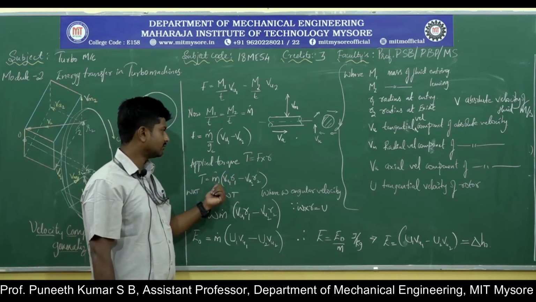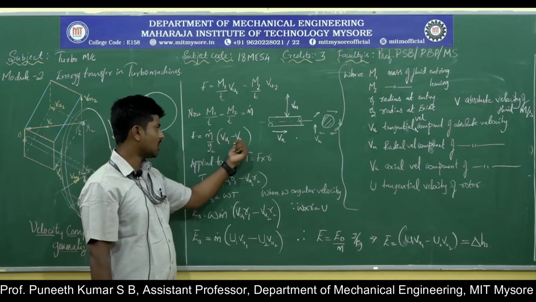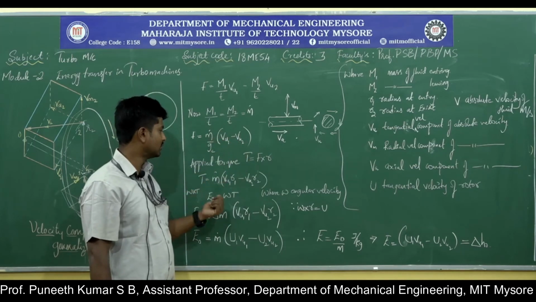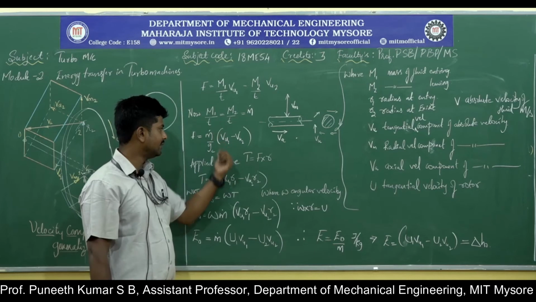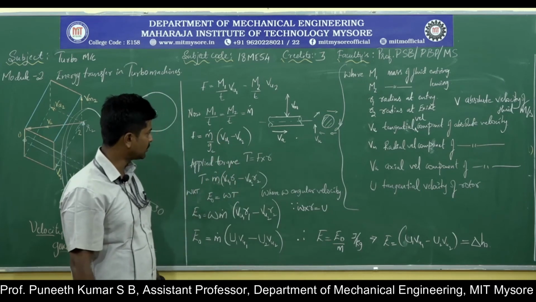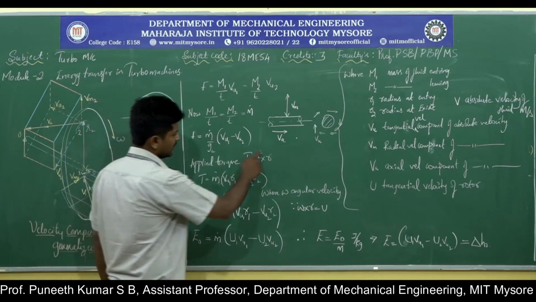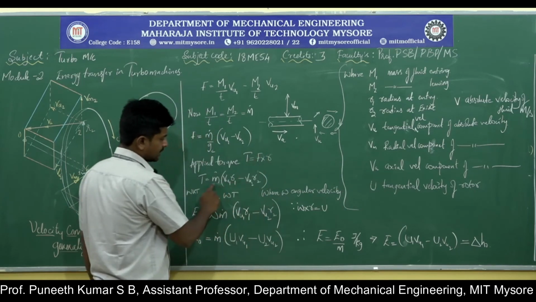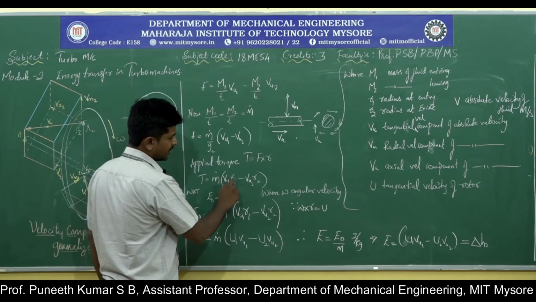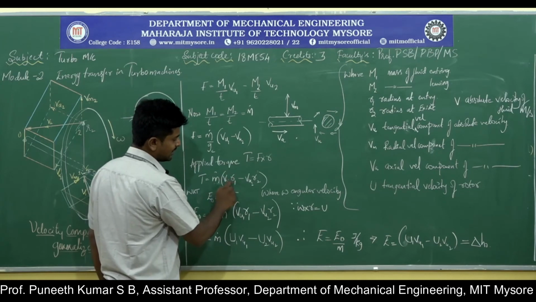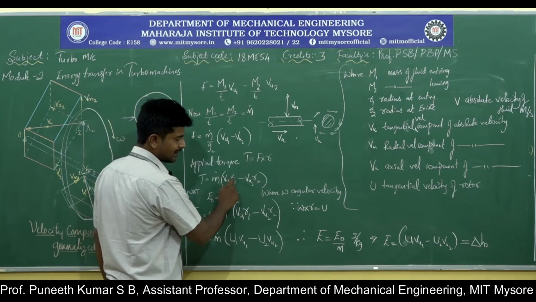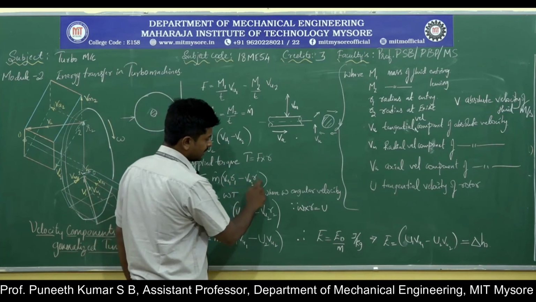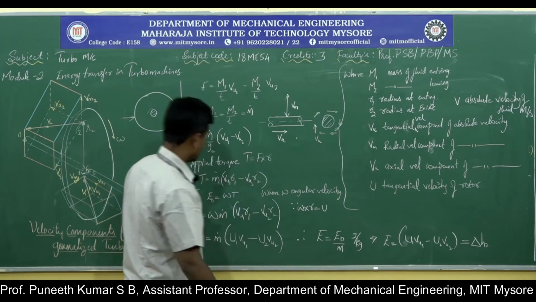We have already got the definition of force, that is m dot into (Vu1 minus Vu2). For the force I have multiplied by R. At Vu1 I have multiplied R1, because at the entrance the radius is R1, and similarly the radius is R2 at the exit.